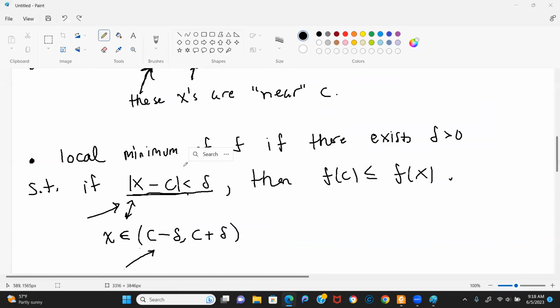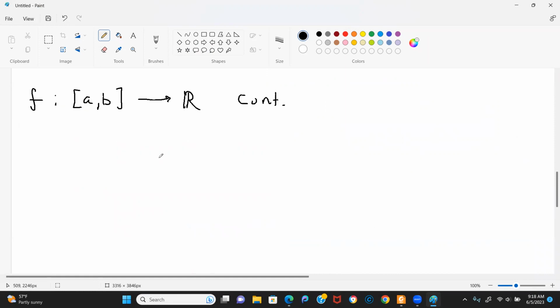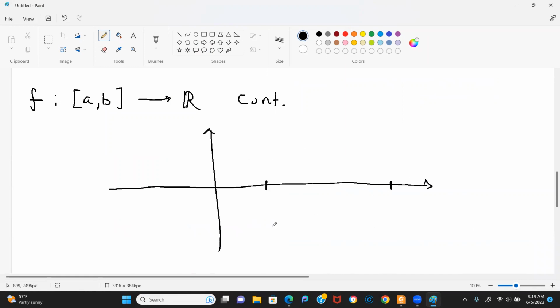So let me show you what I mean by bounded by trying to draw something. Let's say we have this function from A to B and it's continuous. Again, let's try to draw a continuous function on this closed interval that's unbounded. Is that possible?